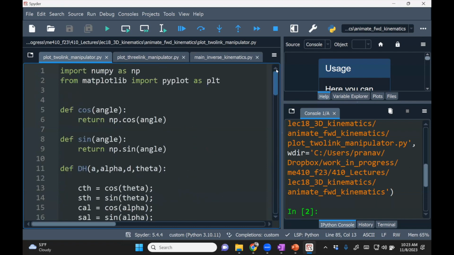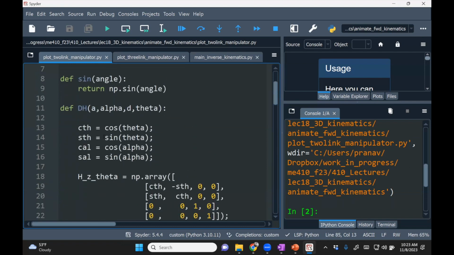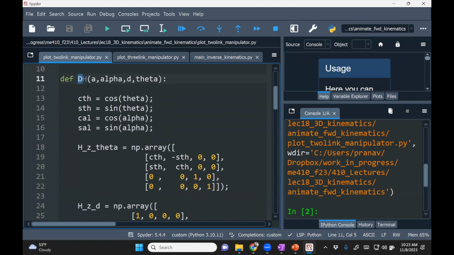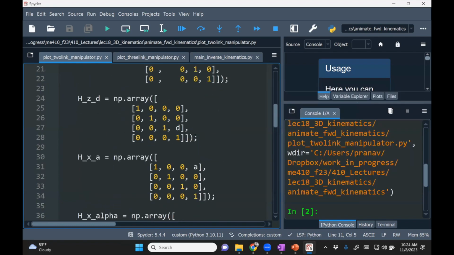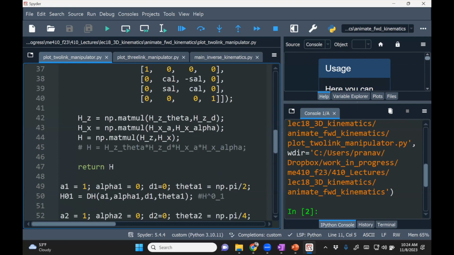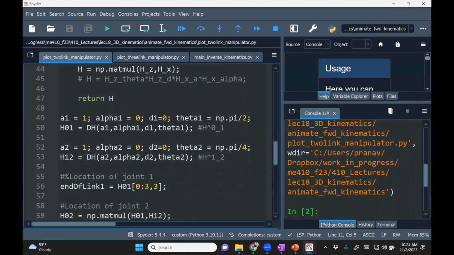And you can go here. So sines, cosines, this function basically sets the DH. If you pass to it each line of the DH table, in the sense A, alpha, D, and theta, then it basically returns the homogeneous matrix H. Okay, and so what I do is I compute H01 by calling this function with the first line of that 2-link manipulator. I call again H12 by passing the second line.